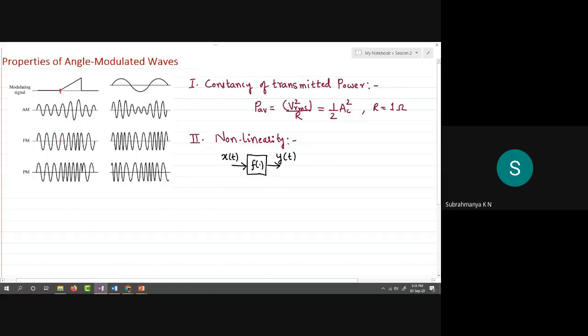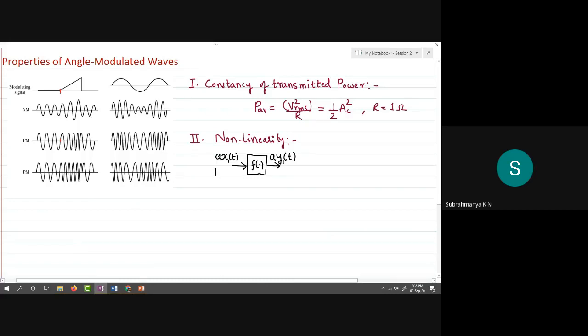So it linearly varies with x of t. In other words, y of t is directly proportional to x of t. When x of t increases by some proportion, y of t also increases by the same proportion. If x of t decreases by some proportion, y of t also decreases. So mathematically speaking, linearity can be written as: if you amplify the signal x1 of t, the same amplification is reflected at the output of this function.